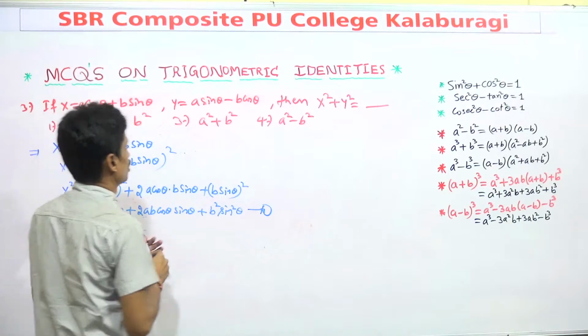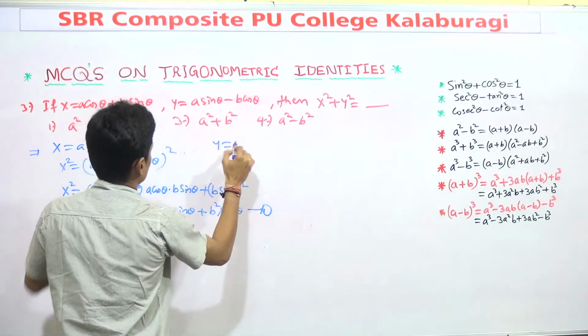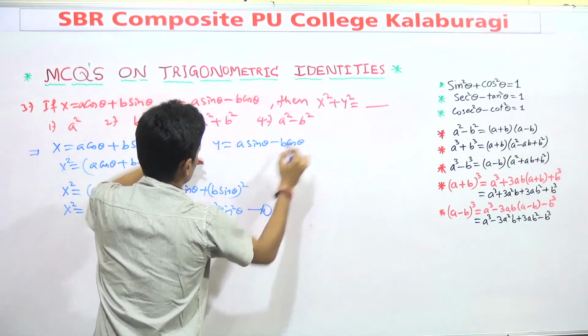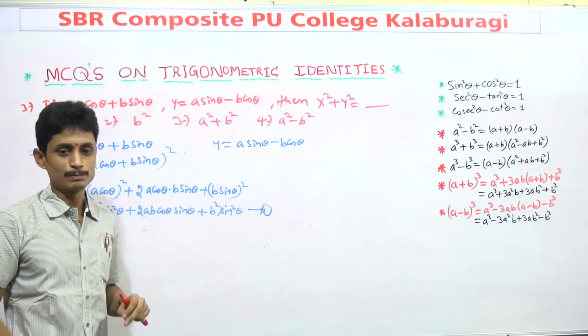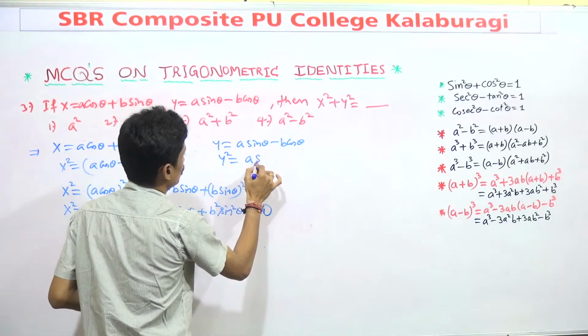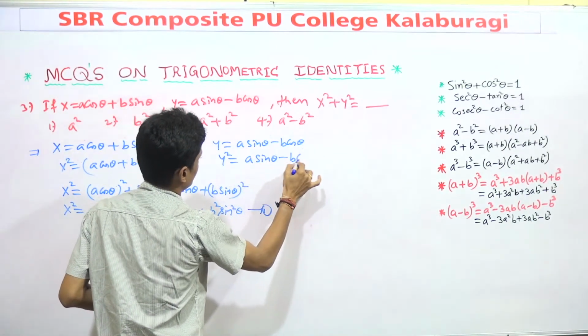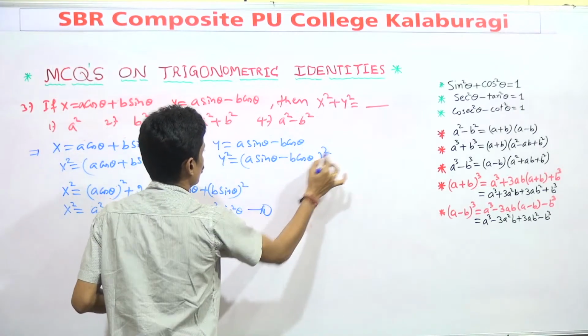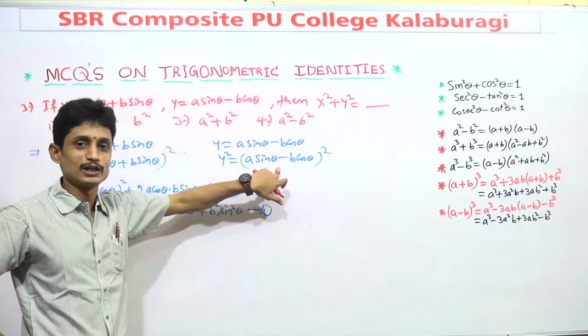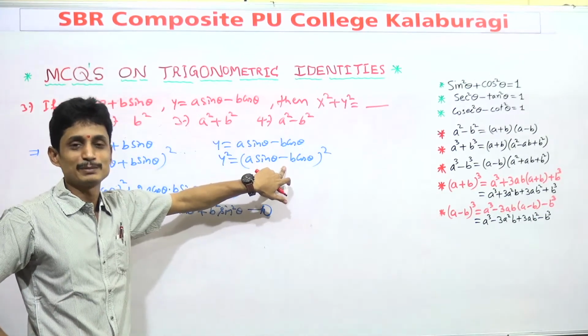Similarly, we move on to y. What is y? a sin theta minus b cos theta. Same, we have to simplify. That is y square is equal to (a sin theta minus b cos theta) whole square. Similarly, we apply (a minus b) whole square, a square minus 2ab plus b square.